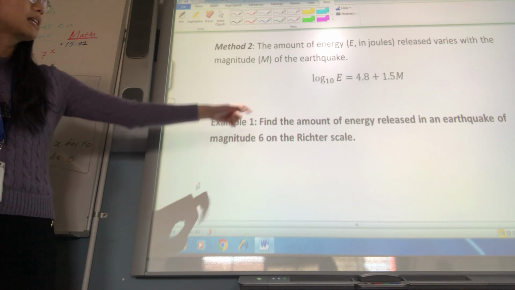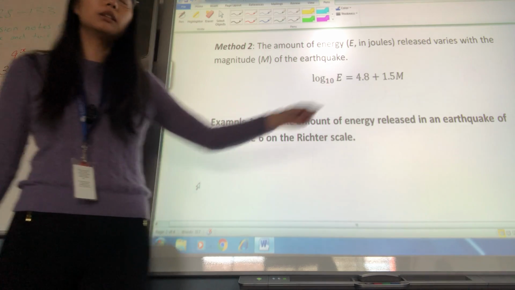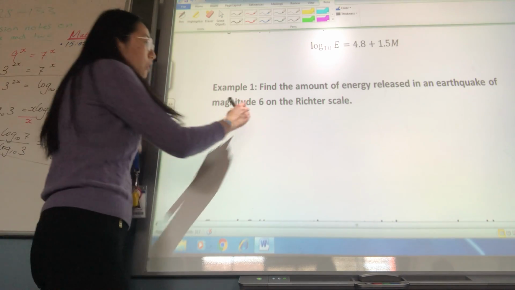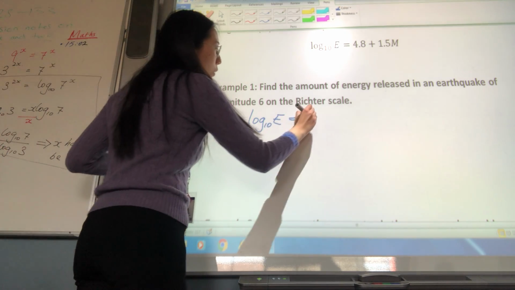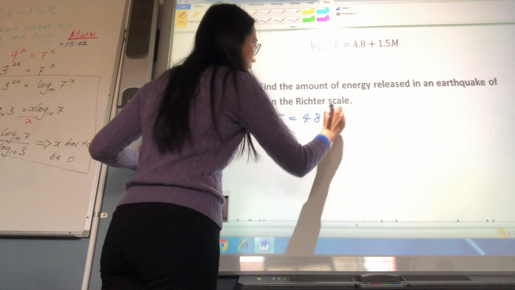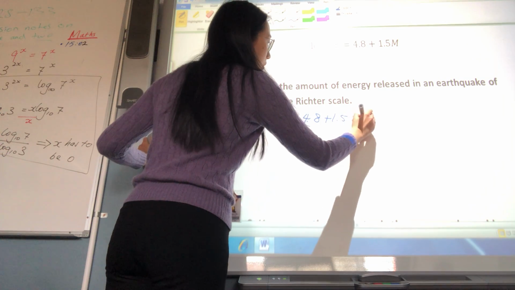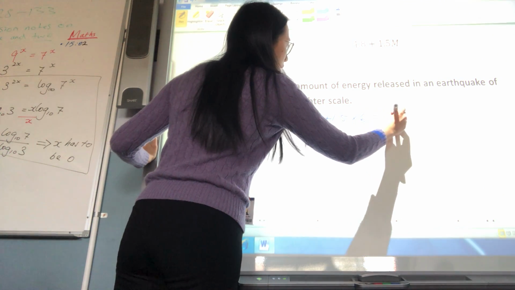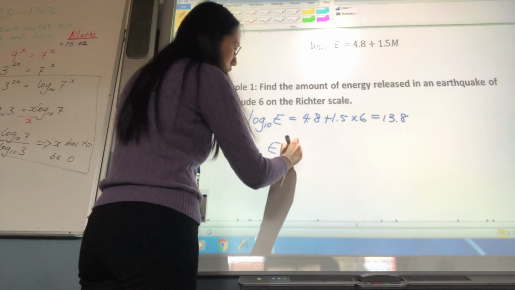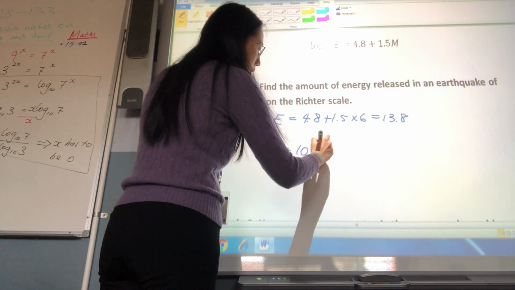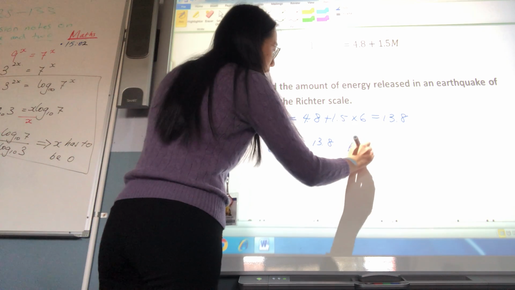Well, actually, it means just substitute it into this formula. So it's going to be log 10 of E equals 4.8 plus 1.5 times 6, right? This is 13.8. So E is equal to 10 to the power of 13.8 kilojoules. And you can just keep it like that.